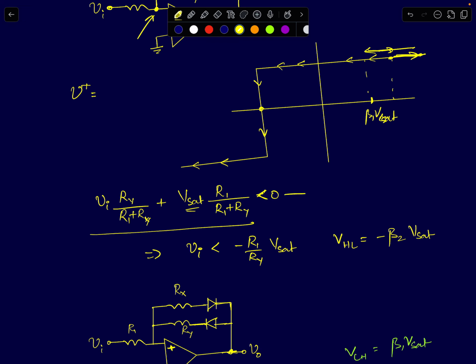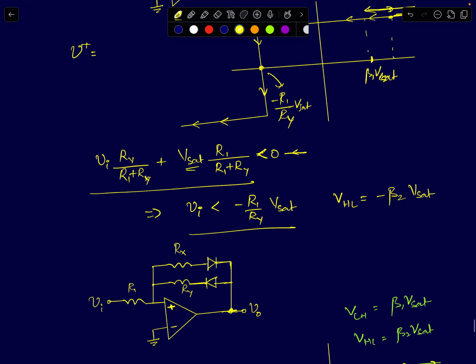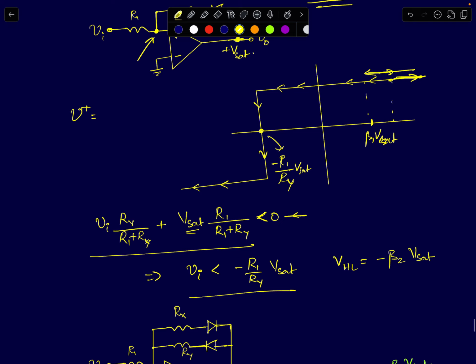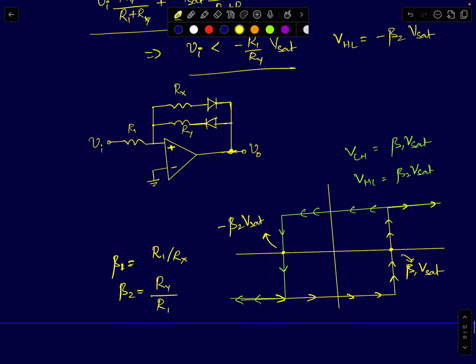When this goes less than 0, your output will transition. The point where it transitions will be minus R1 by Ry times VSAT. That's your high to low threshold. You can immediately see the transition voltage from high to low is not the same as the low to high transition. That's how I achieve asymmetric characteristics.